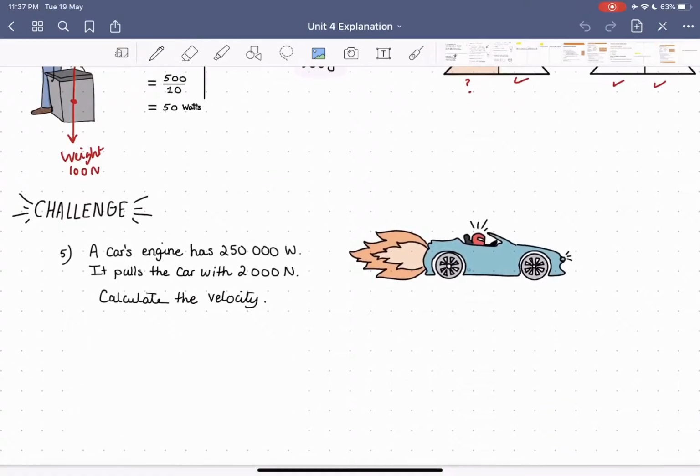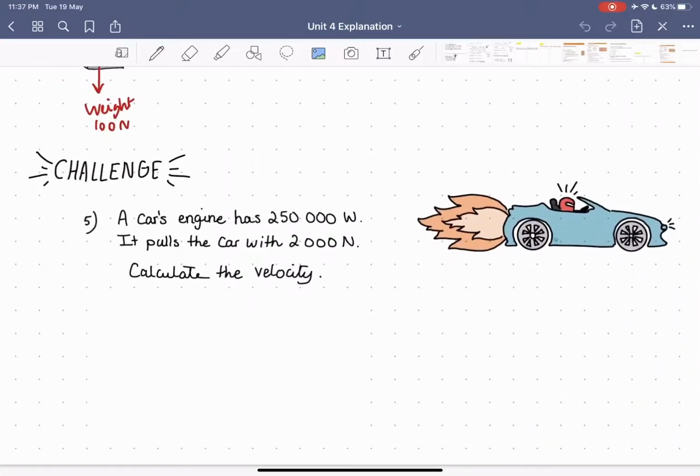Now to more challenging questions, we have a car engine that has 250,000 watts, and we know that it's pulling the car with 2,000 newtons. So we have force, we have power, that's power, and that's the force. The question is, calculate the velocity.